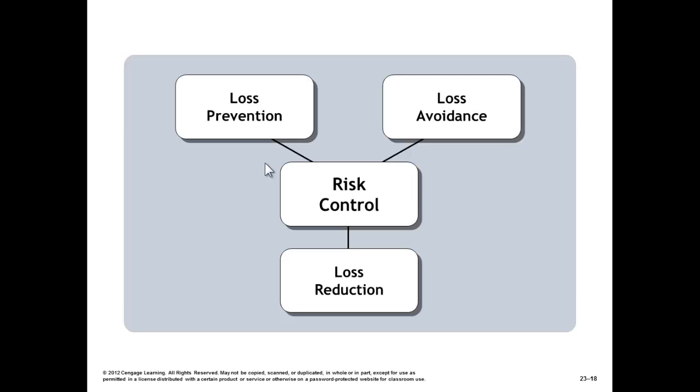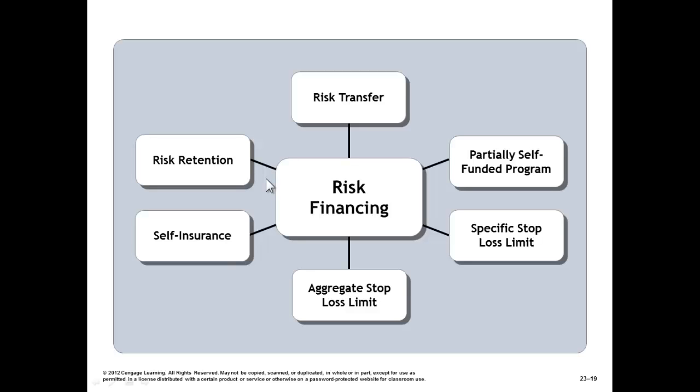We just want to do away with the losses altogether. So that means that should we have a loss, then we may want to have some way of covering that loss, either through insurance or some other fund that we might have set aside for it. And then loss reduction simply means that we're going to try to eliminate or reduce the probability of losses actually occurring. So we'll set up plans to do that as well. Companies spend a lot of time dealing in these three areas right here of risk control and risk management.